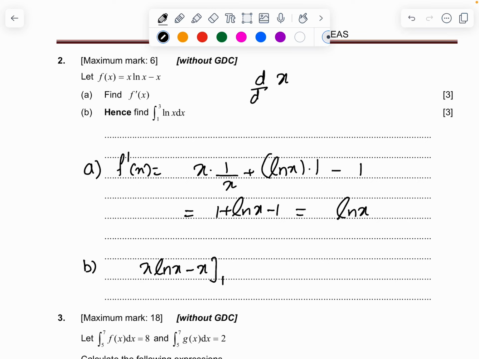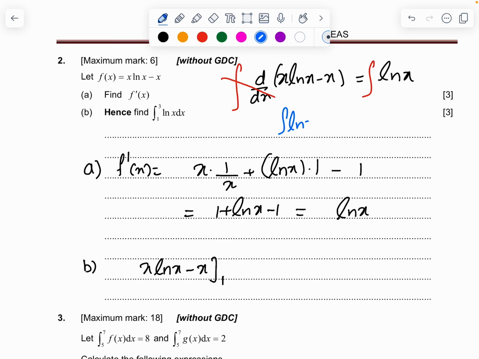Its derivative was ln x. So what should happen? If I find the integral, the derivative gets cancelled. So I will be getting it out. Integral of ln x is x ln x minus x. That is a formula. So in limits 1 to 3, apply the upper limit, 3 ln 3 minus 3, minus, substitute the lower limit, 1 ln 1 minus 1. So it becomes 3 ln 3 minus 2.